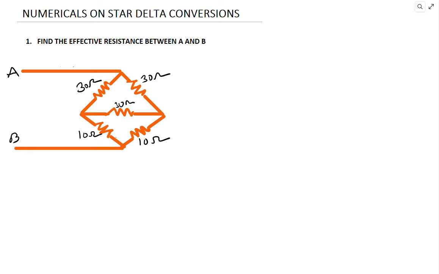Now in our problem you can see there are two deltas here, but you have to convert any one of them. Suppose let us consider this one, I am going to convert into star so that the problem can be solved. So let us write the delta in a separate figure.